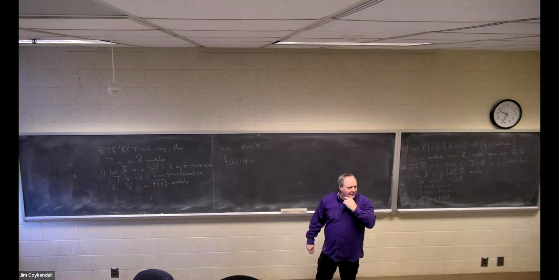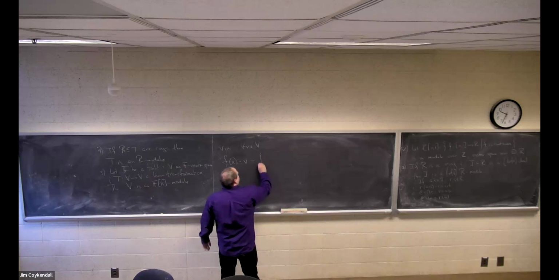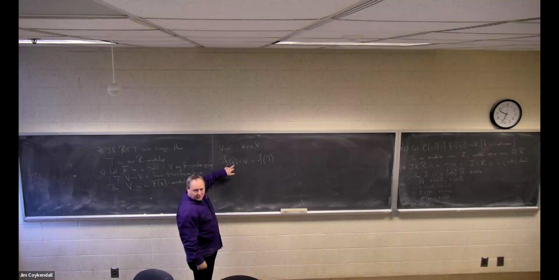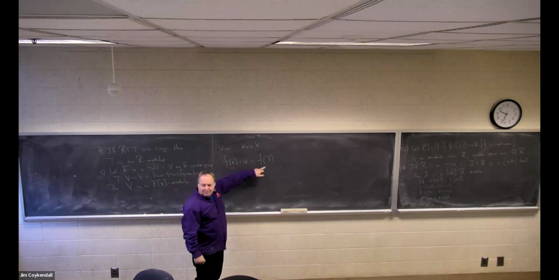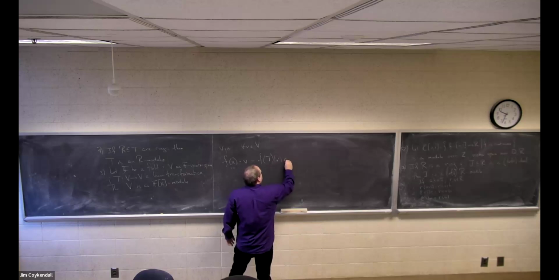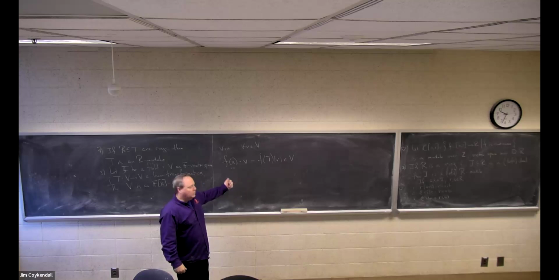Replace the variable x with T. Put T into this polynomial, and what do you have? Now you have just some bigger linear transformation that takes V to V. And you can verify that this satisfies everything you want.